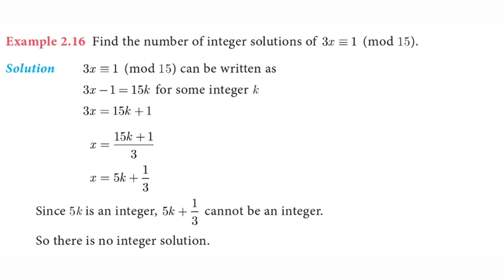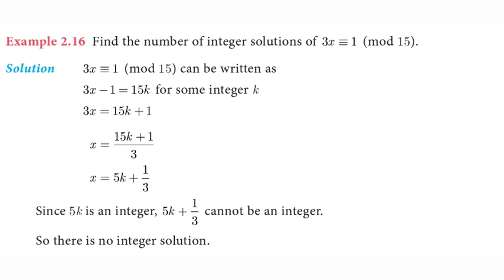Therefore x = (15k + 1)/3. Now split the value: x = 15k/3 + 1/3. Cancel: 5 threes are 15, so x = 5k + 1/3. What is the question? Find the number of integer solutions.